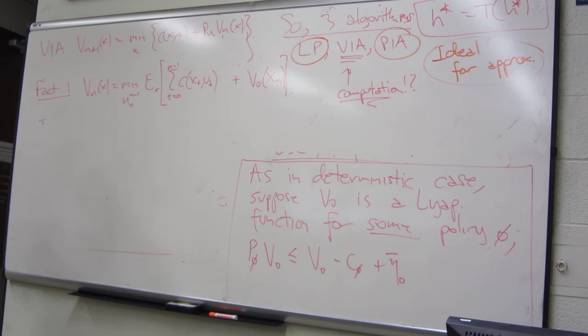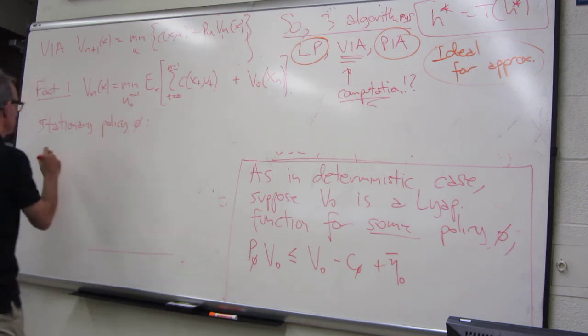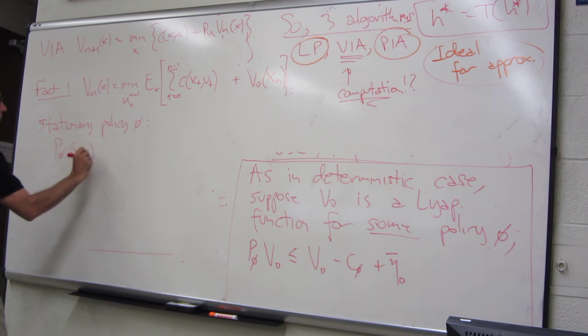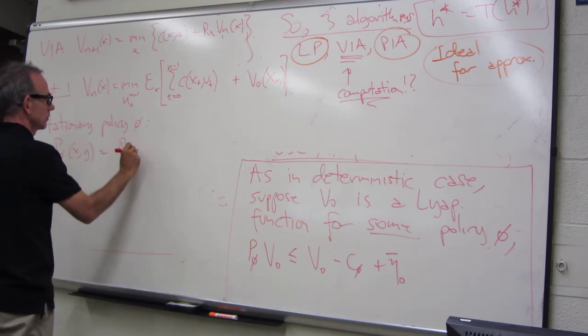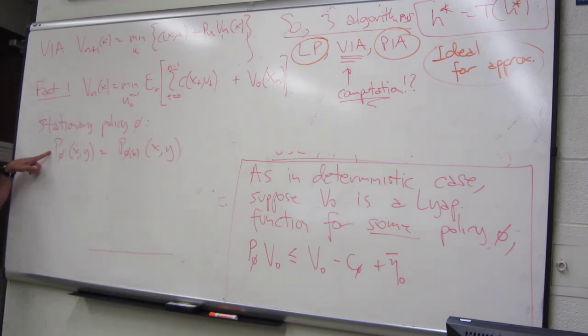So what do I mean by this? I mean that if somebody gives me a stationary policy, I get the resulting controlled process is a Markov chain, and P sub phi just denotes its transition matrix. Okay, that's the notation here.